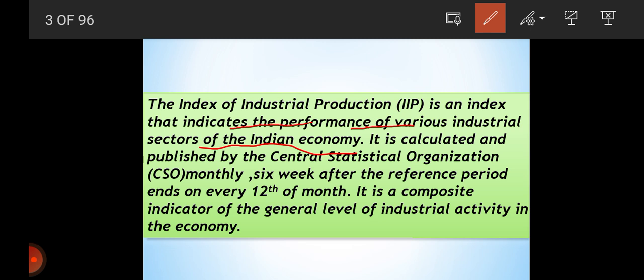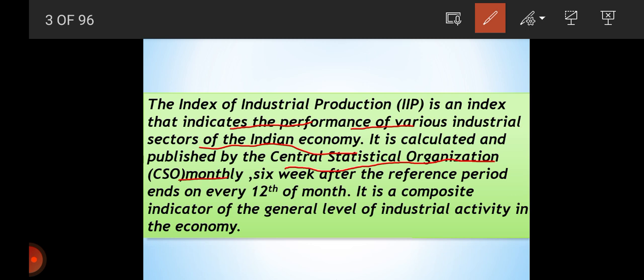जो आईआईपी का जो भी इंफॉर्मेशन है वो कैलकुलेट कौन करता है और कैसे और कौन उसको पब्लिश करता है. So information related to IIP is calculated and published by CSO, that is the Central Statistical Organization. You can write, and you can write Central Statistical Office.